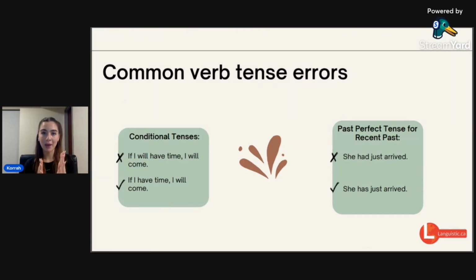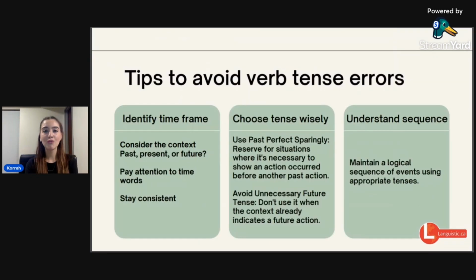This is the recent past that just happened, whereas this is the past perfect tense because it happened before. In summary, she had just arrived refers to an action that happened before another past action or time, whereas she has just arrived refers to an action that happened in the past with a focus on its relevance to the present moment.